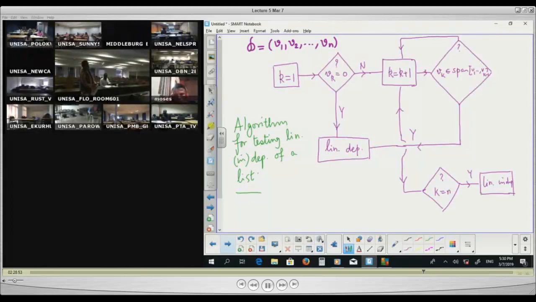If the answer to that is yes, then you know it's linearly dependent. If not, then you check whether you are at the end of the list. If you are at the end of the list, then obviously this is a linearly independent list. If not, you go back again, so from 2 you go to 3.